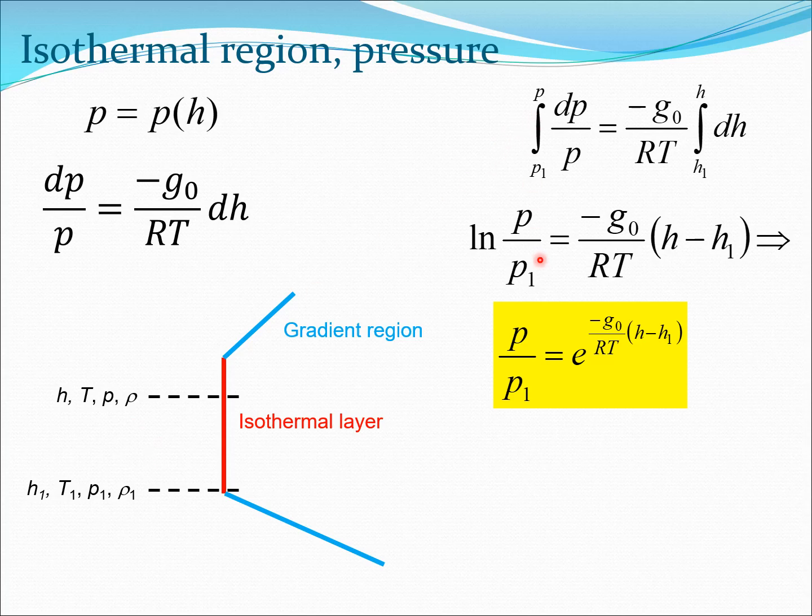So I perform the integration. I know that the integral of 1 by P will be log, so I get log P by P1. This is the natural log to the base e, and then I get the right hand side here. I simplify this to P by P1 is e to the power minus g0 by RT times (H minus H1). So this is an exponential variation. Now I'm going to take this and try to get the density expression in the next slide.